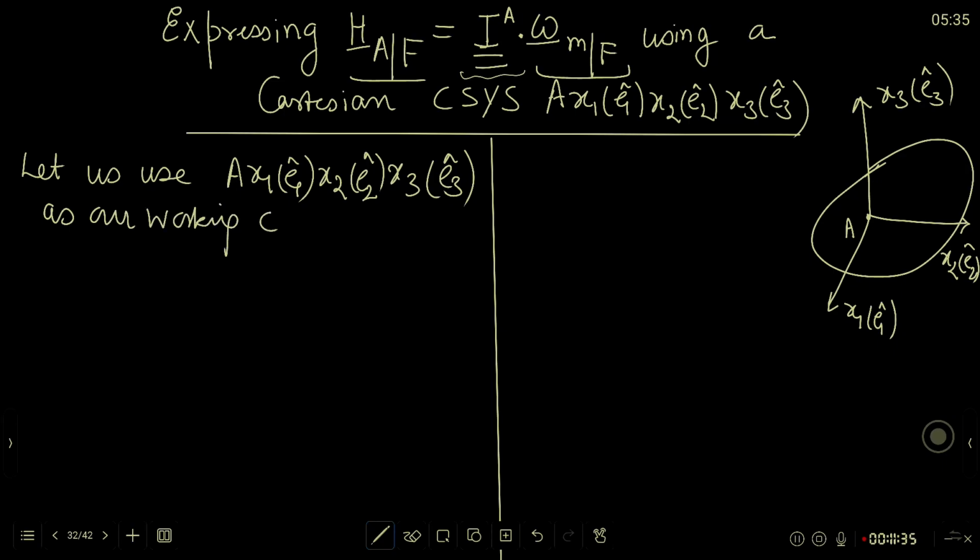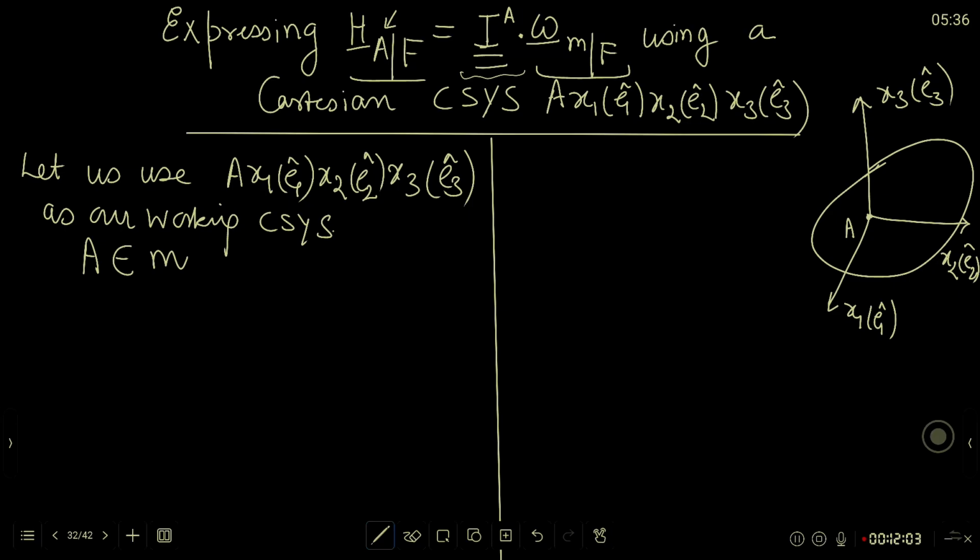Note that A is a point fixed in M. Now A is also the origin of this coordinate system. Mind you, A is the same point about which I want to compute the angular momentum, and A is also the point which is the origin of this coordinate system.